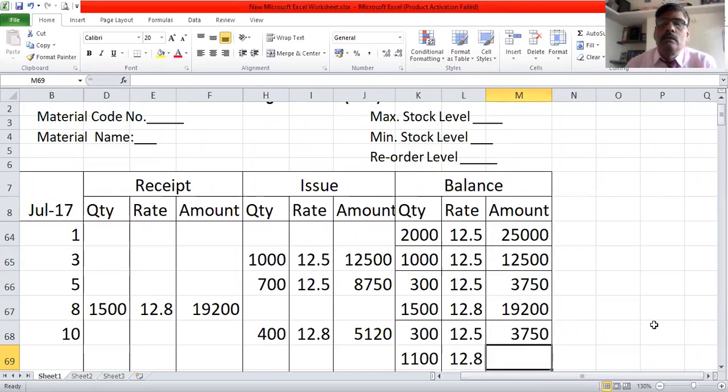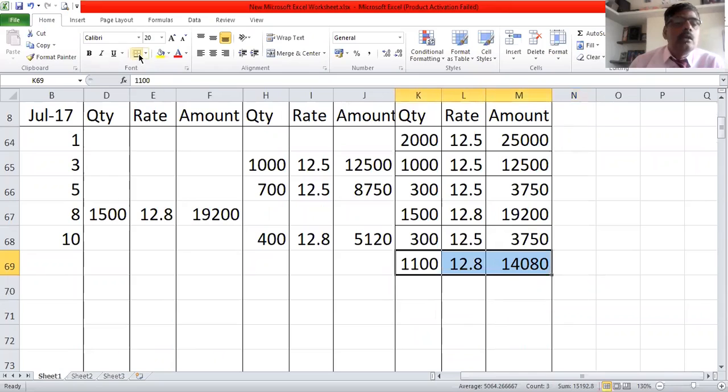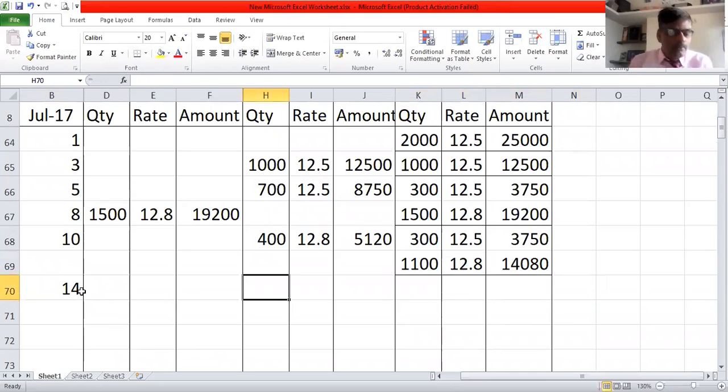12.80 into 1100 is equal to 14,080. That is the amount. Next, on the 14th, again there is an issue, so put an underline. You write the date 14 and come to the issue column.